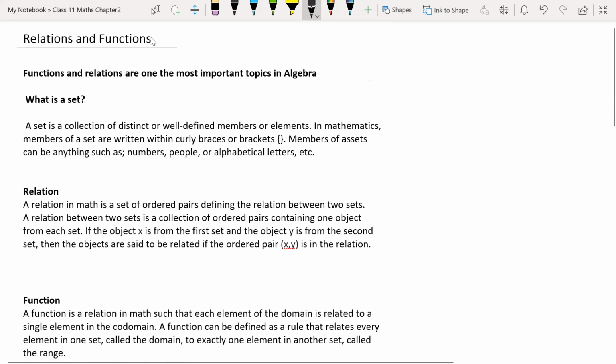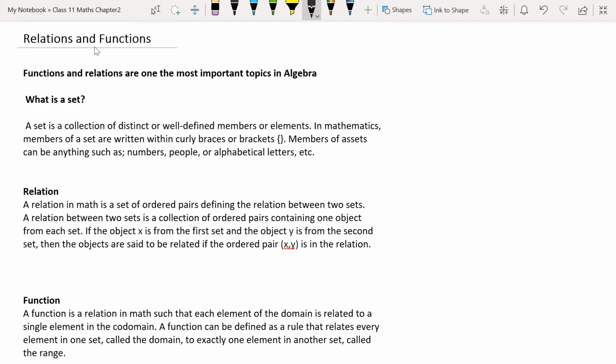All about this. Before going to the chapter's further exercises on relations and functions, it is important to understand what relations are and what functions are. In this class, I will discuss relations and functions.